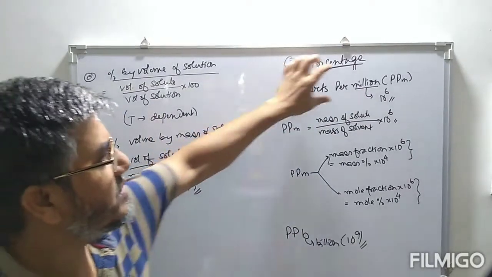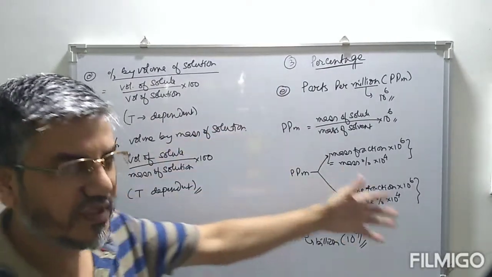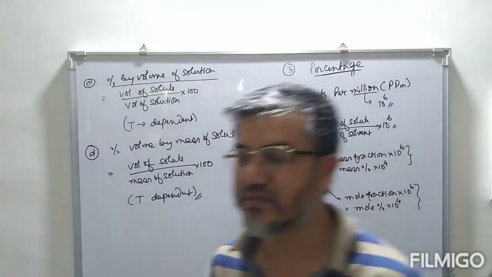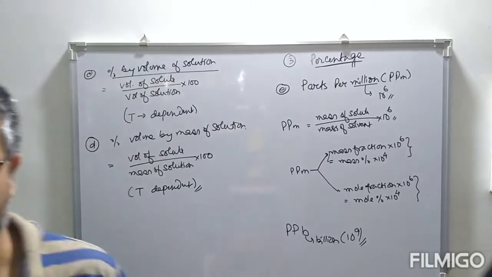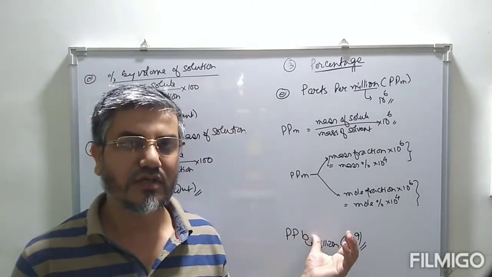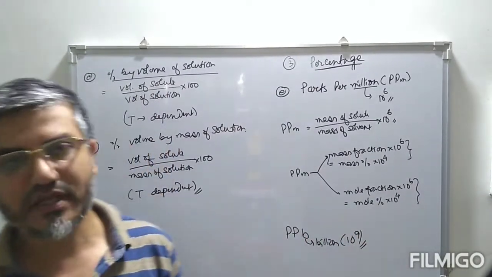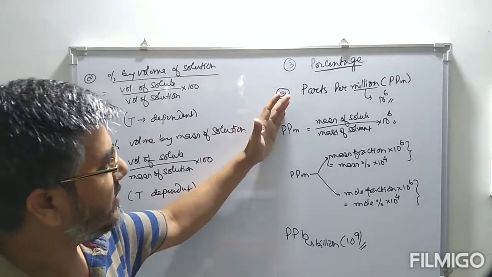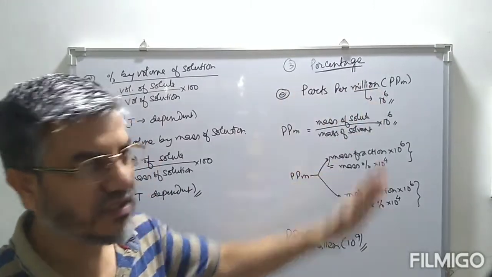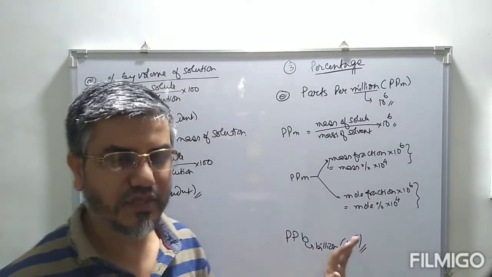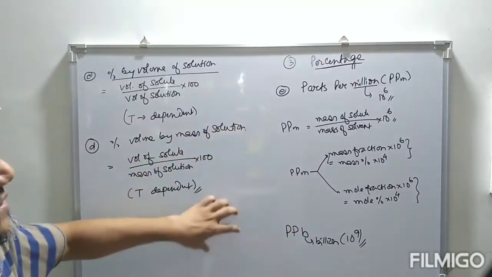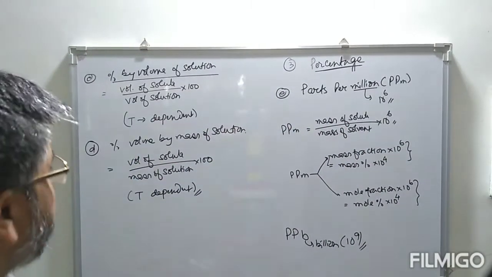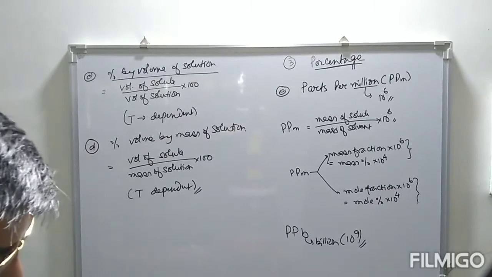So parts per million and parts per billion are used for defining very small concentration terms, like the expression of air pollutants present in air. So these are some of the methods by which we can also define percentage. Based on this, let's discuss some problems.